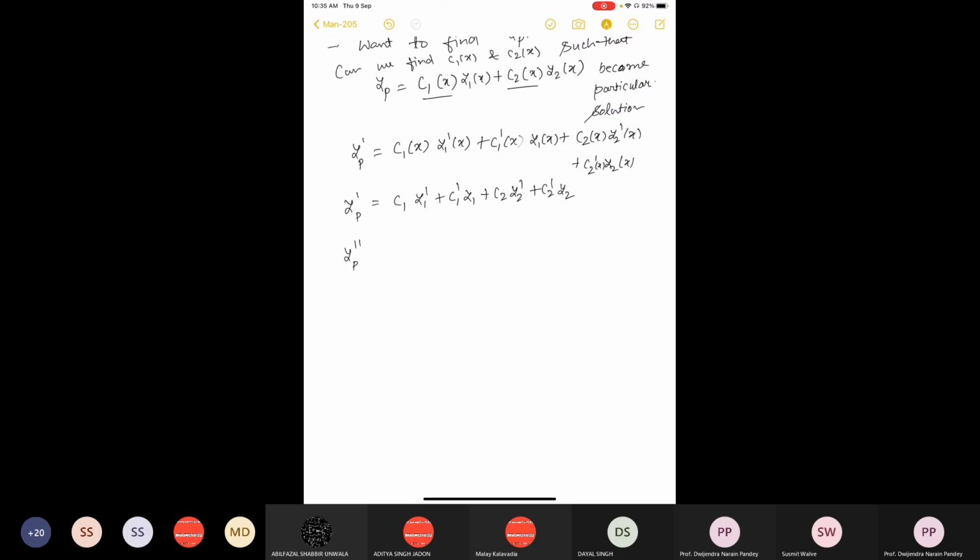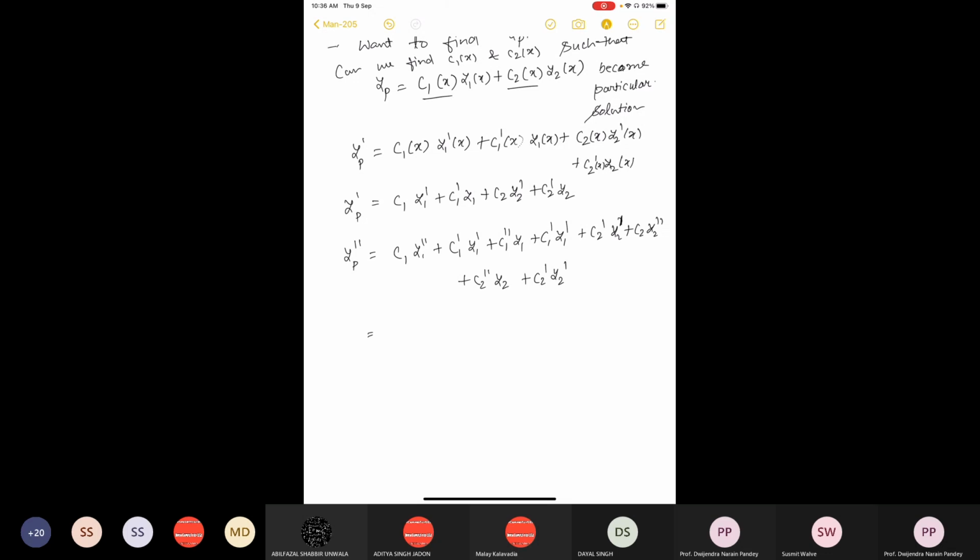Now we look at yp double dash. It is c1 y1 double dash plus c1 dash y1 dash plus c1 double dash y1 plus c1 dash y1 dash plus c2 dash y2 dash plus c2 y2 double dash plus c2 double dash y2 plus c2 dash y2 dash.